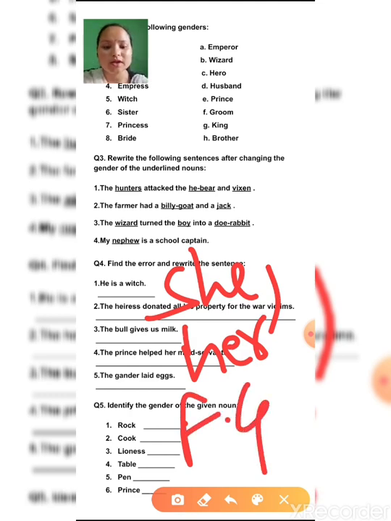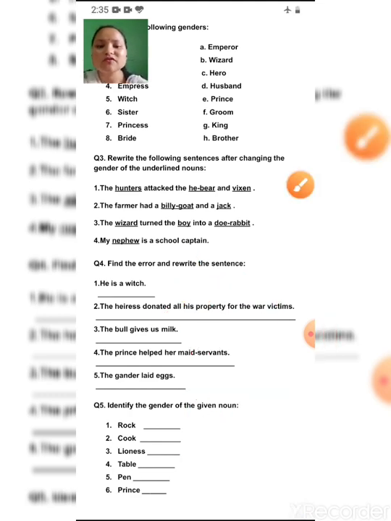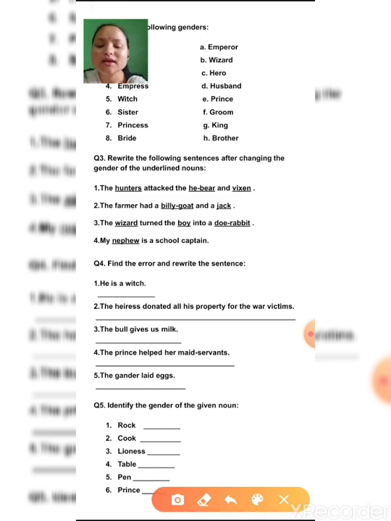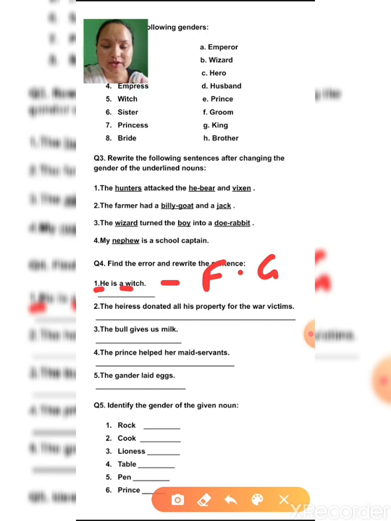So the first sentence is he is a witch. Witch denotes feminine gender, and what is written here? He. I have told you he is used with masculine gender, right? So instead of witch what will come, children? He is a wizard.